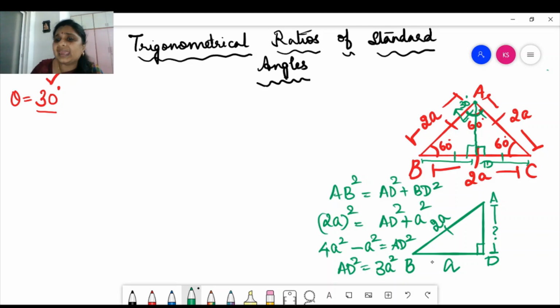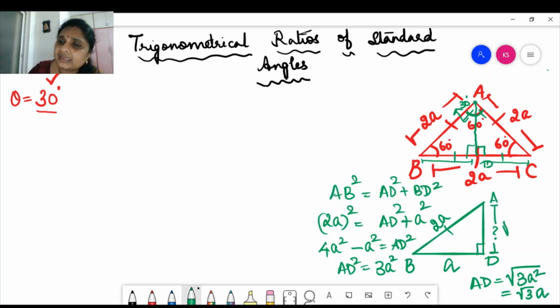So, what is my AD? I'm going to take the square to the other side, and it goes as the square root. So AD is equal to the square root of 3A square. Square root of 3 is not a perfect square, so I'm going to write it as square root of 3 itself. And A square, when you take a square root, comes out as A. Correct?